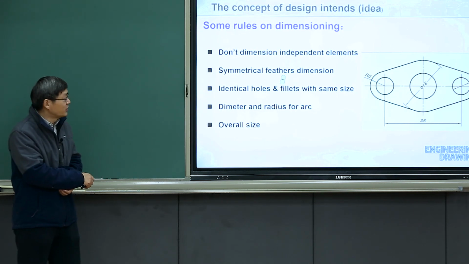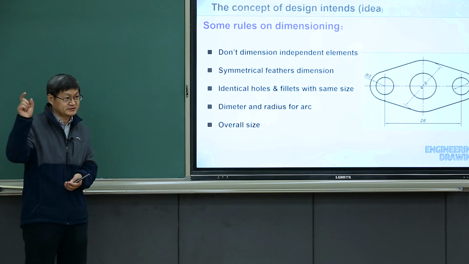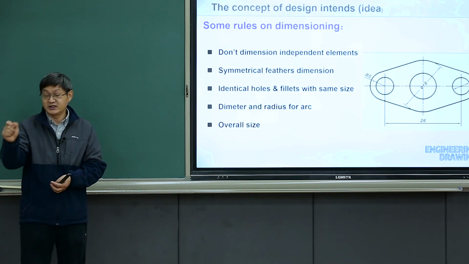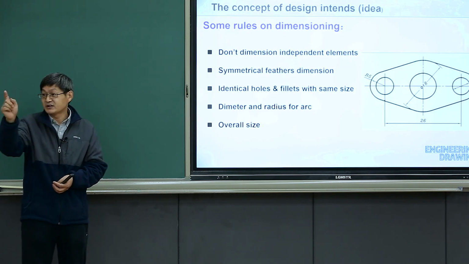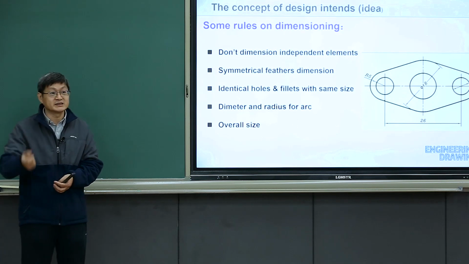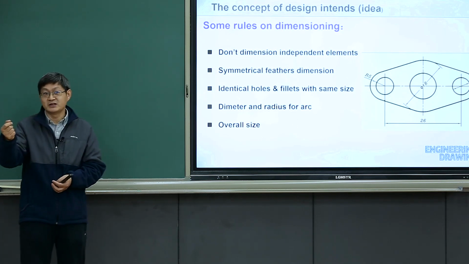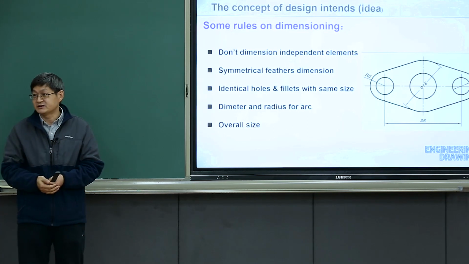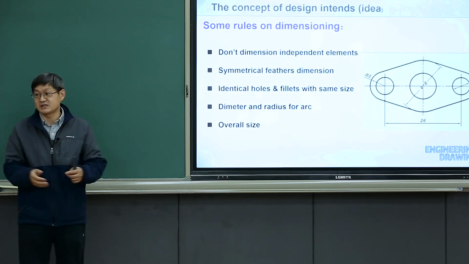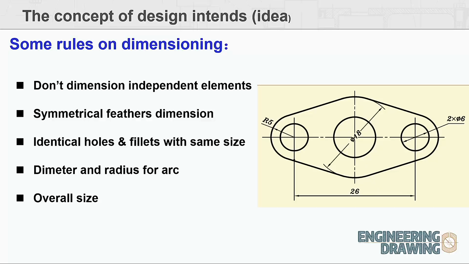For identical holes, we just dimension once and use the number times the size, like the 2 times 5. That means 2 holes at the same size. And for arc, like for this arc, the length of the arc is very short, but we do not take it as the radius.